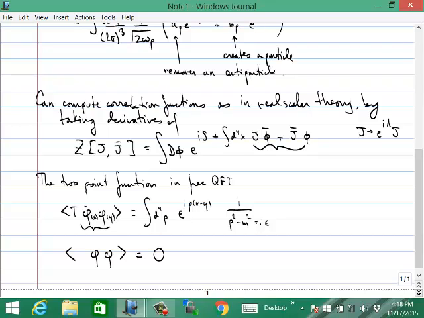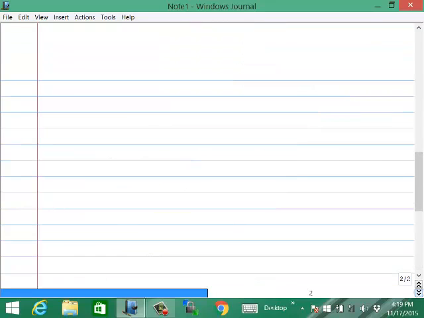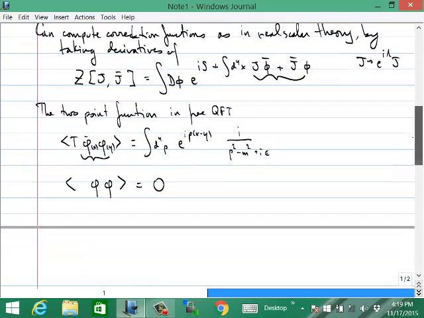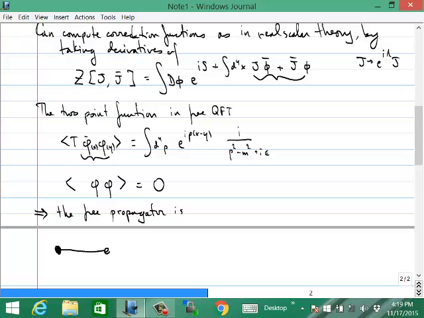So if you wanted to interpret this in the language of Feynman diagrams, this means that there is a propagator out of which we should build our Feynman diagrams, but it's a propagator that does not connect a phi with a phi, but instead it connects a phi bar with a phi.